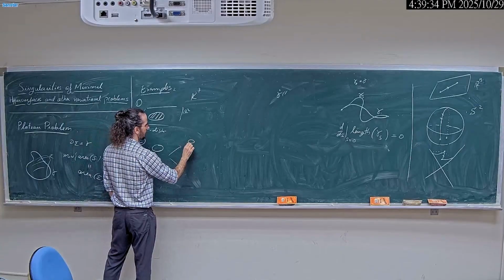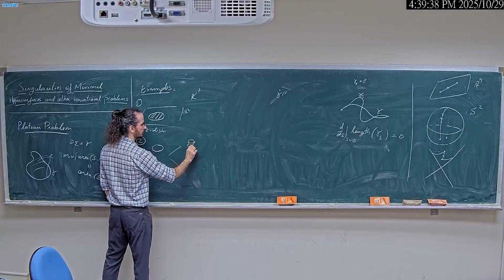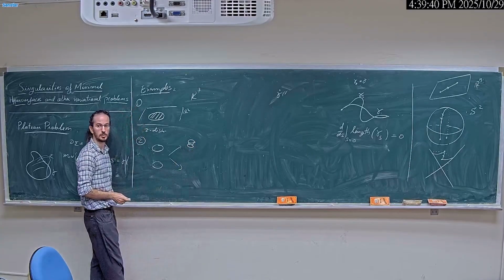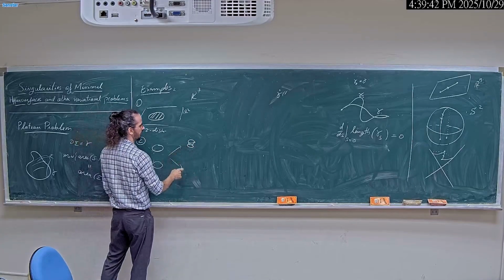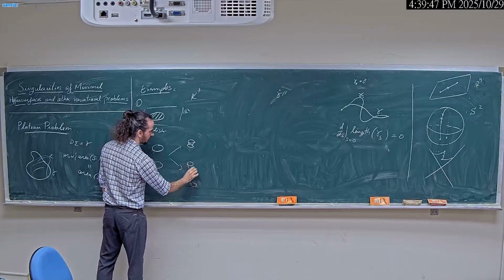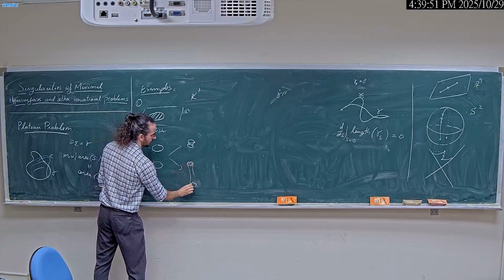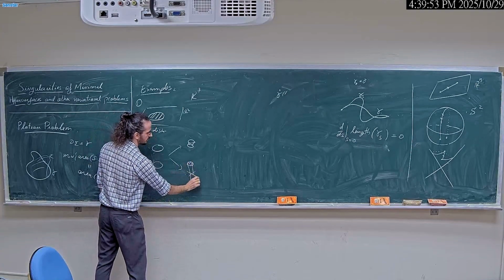If the two circles are very close together, then you can find an annulus here that connects these two that has least area. If the two surfaces are very far apart, the annulus has very large area compared to just the union of two disks, right? So this is not the solution.